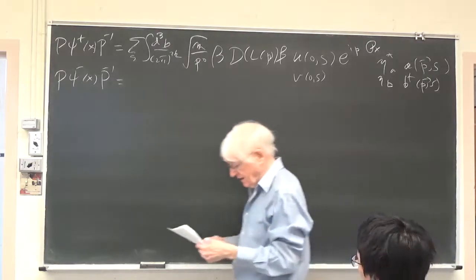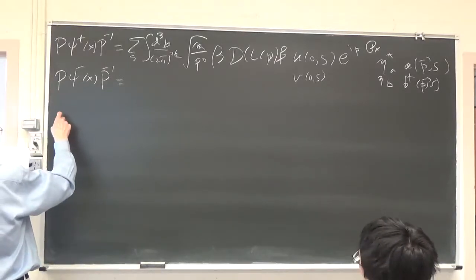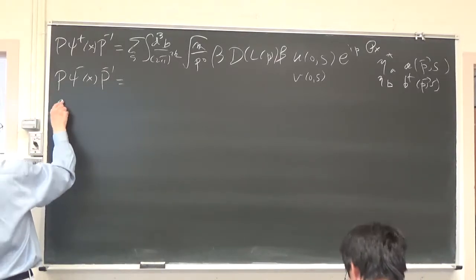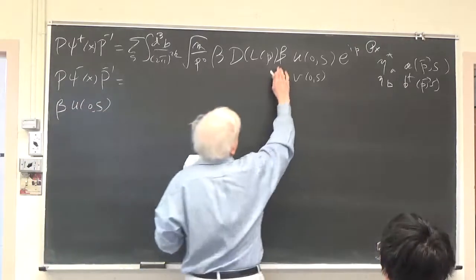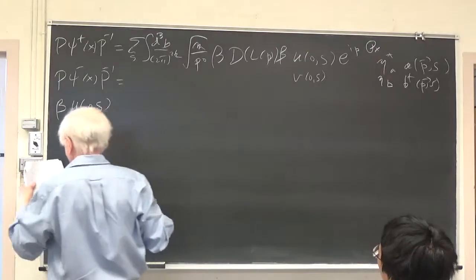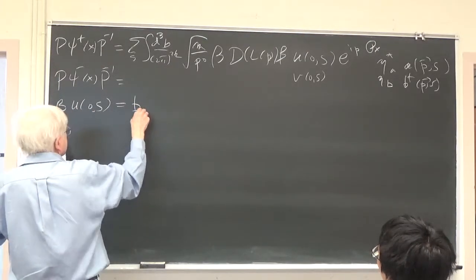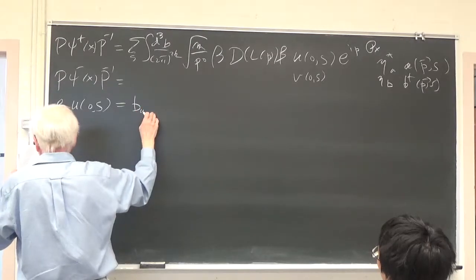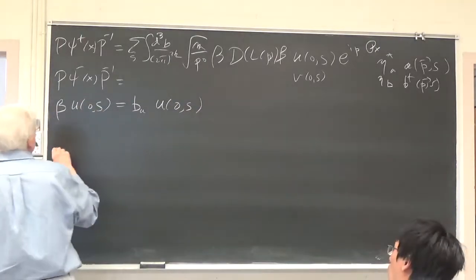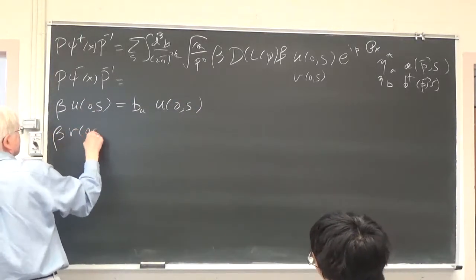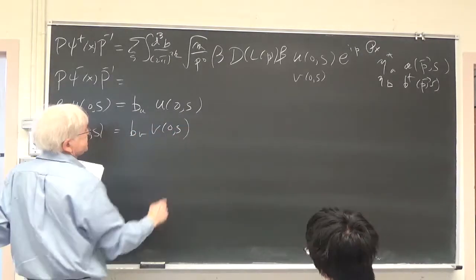So in particular, what we need is that beta on U of 0 and S, that's this part, should be proportional to U of 0 and S. So it should be some b sub U times U of 0 and S, and beta V of 0 and S should be some b sub V times V of 0 and S.